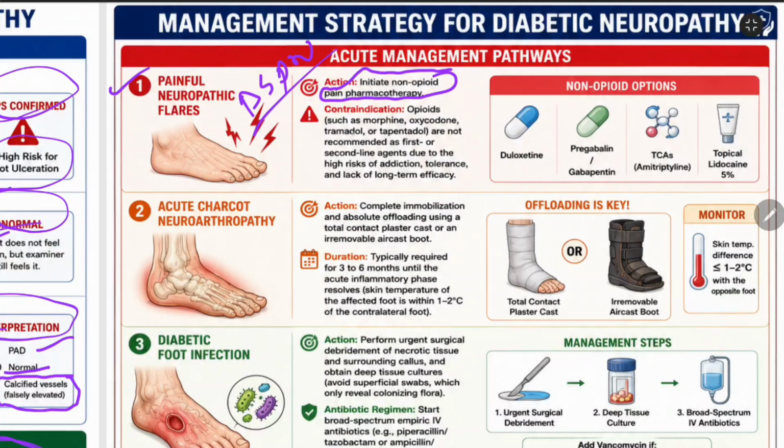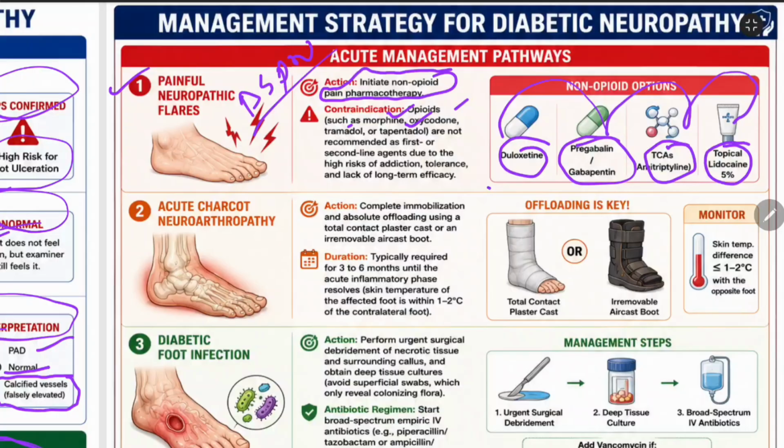Opioids like morphine, oxycodone, tramadol, and tapentadol are not recommended as first or second line agents due to the high risk of addiction, tolerance, and lack of long term efficacy. We will use neuropathic drugs like duloxetine, pregabalin and gabapentin, tricyclic antidepressants, and finally topical lidocaine 5%. So these four groups of drugs we use: duloxetine, gabapentinoids, TCAs, and topical lidocaine.